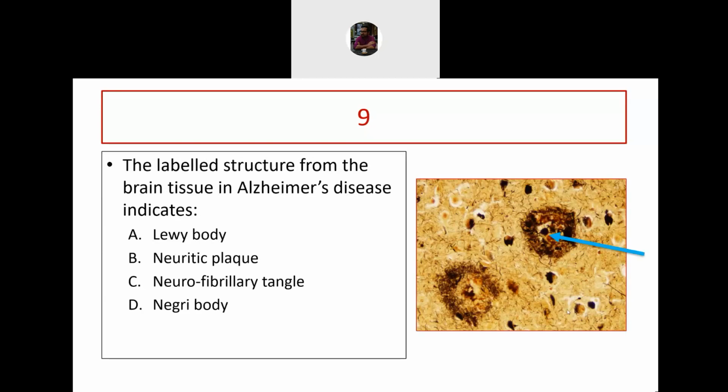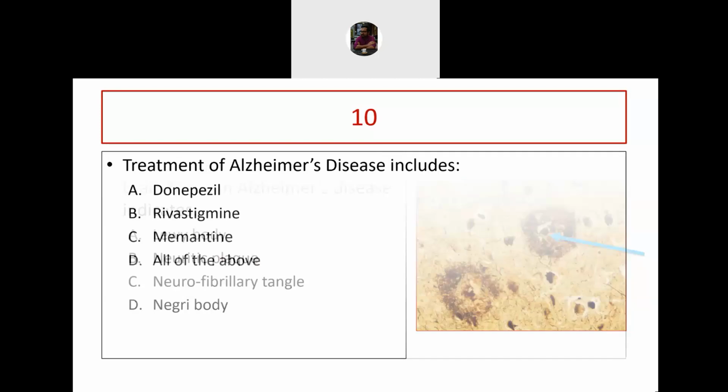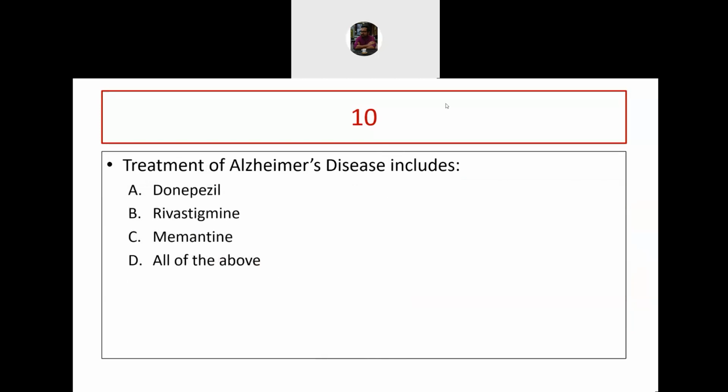This is a histological picture of the brain stained with silver stain. And you can see there are some small black areas and some large black areas. I have labeled the large black area. What is this large black area out of these four? And the last question before we start the final discussion. Treatment of Alzheimer's disease includes?